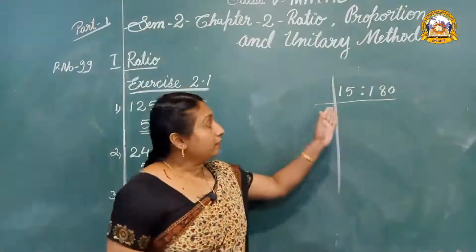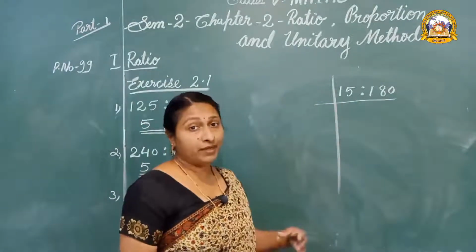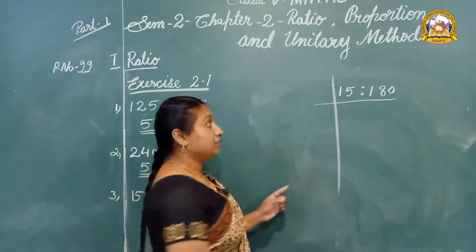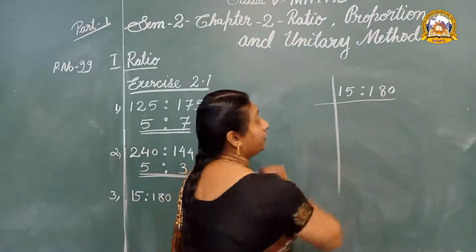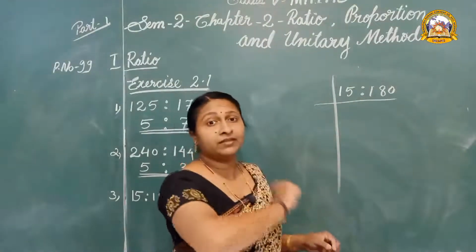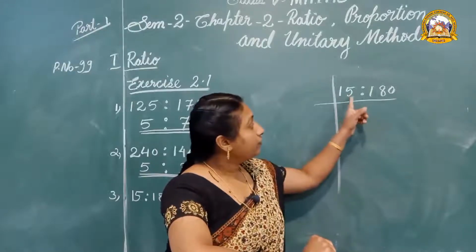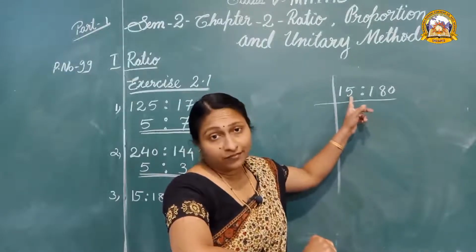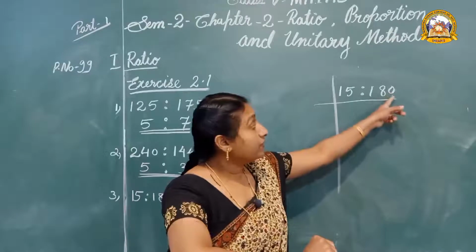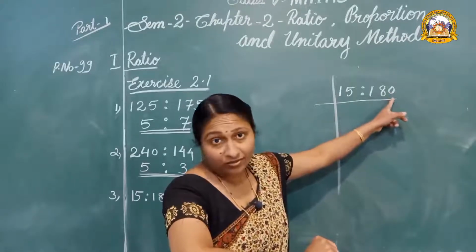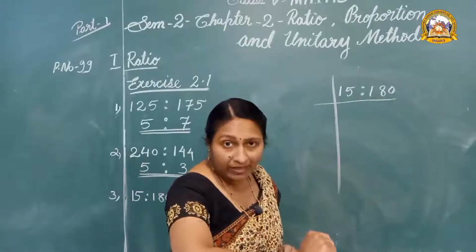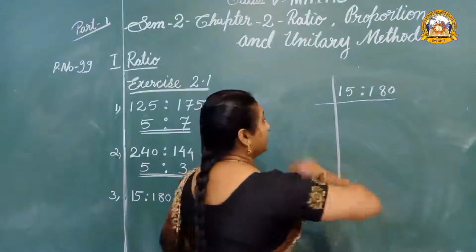Okay, let us divide them by common factors. First, here we can see both of them are the multiples of 5 because 15 ends with 5. Here last digit is 0. So both of them are the multiples of 5.